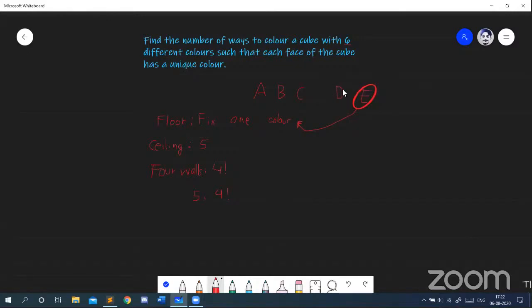You have 5 ways to color the ceiling because you fixed one color, right? And yeah, there are 6 colors, so I'm giving an F as well. And I'm saying that, okay, let's just say we used one color here. So we have how many colors left? 4 colors. And we have 4 walls. And therefore 4 factorial. I hope that's clear.